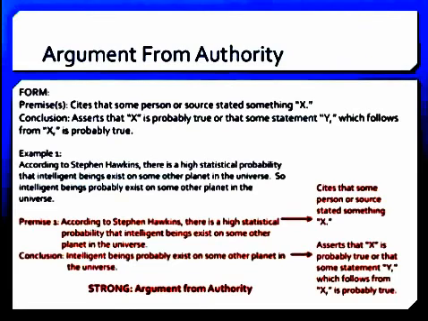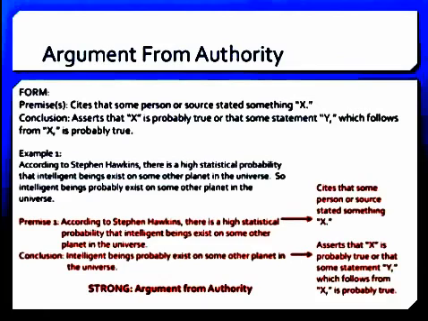What this premise does is that it cites that some person or source stated something X. X being that there is a high statistical probability that intelligent beings exist on some other planet in the universe.